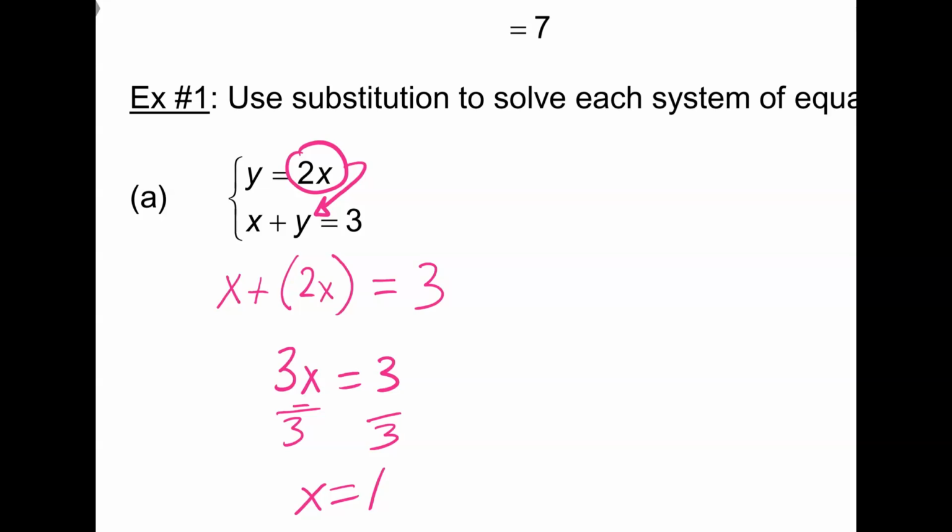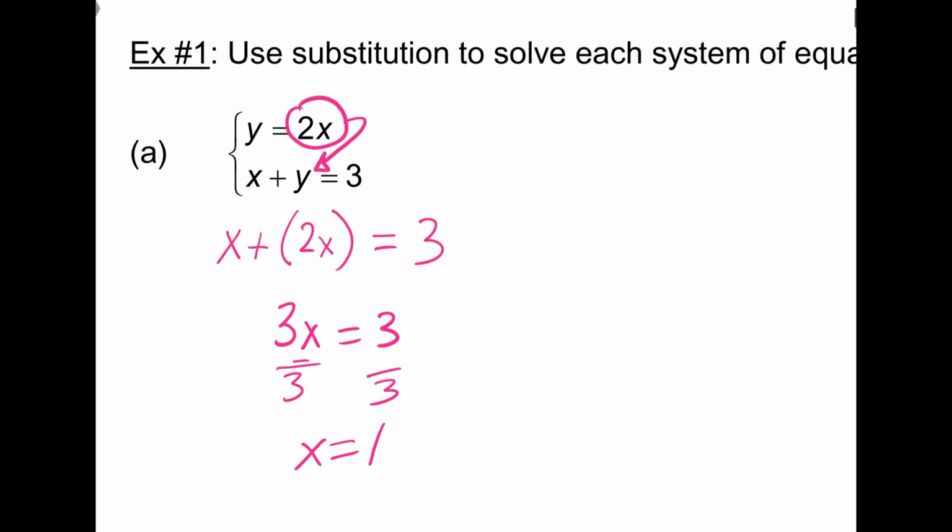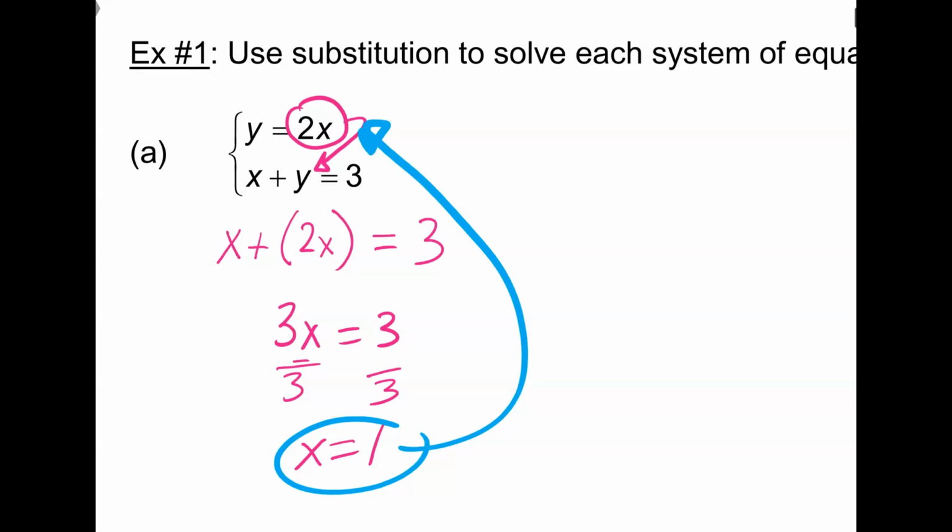Now that I have x, I'm trying to find a solution. And remember, a solution for a system of equations is an x, y coordinate. I have my x. What do I need to do? Find the y. How do I find y? y equals 2x. Beautiful. You plug it back in here. So y is equal to 2 times x, so it's equal to 2.